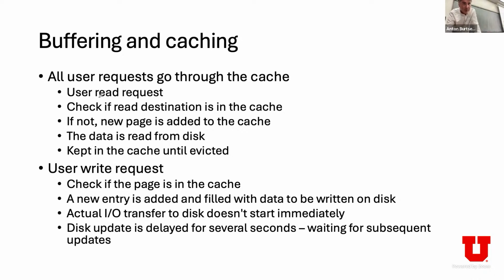So for example, if a user tries to read something from a file, the system will first check whether that part of the file is already in the cache. And if not, since the Linux cache operates in units of pages, a new page will be allocated and added to the page cache, and then the data will be read from disk and kept in that cache until it's evicted.